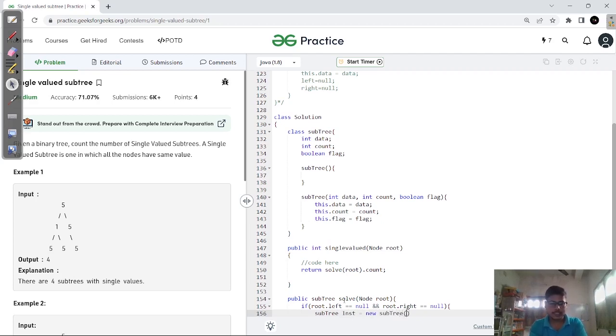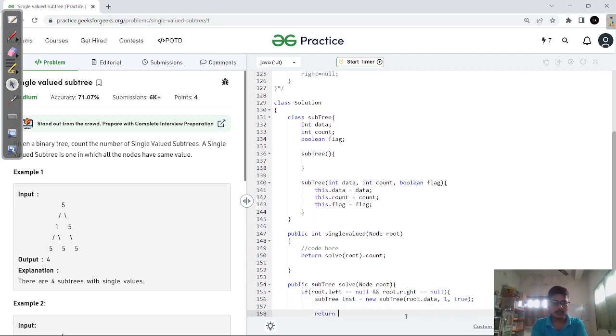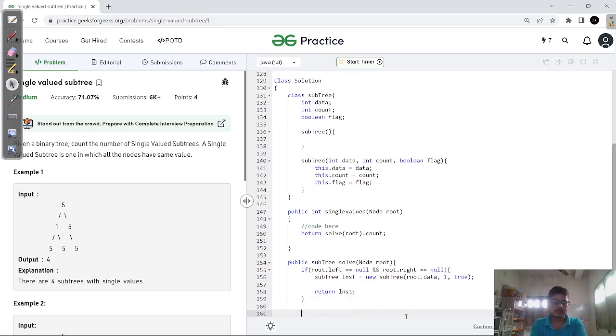So suppose this leaf node, what will it return? It will return its value, root dot data, its count, which is 1 because a leaf node is a single word subtree, and a flag which is true as this is a single word subtree, right? And I will return leaf node subtree. Okay, done.